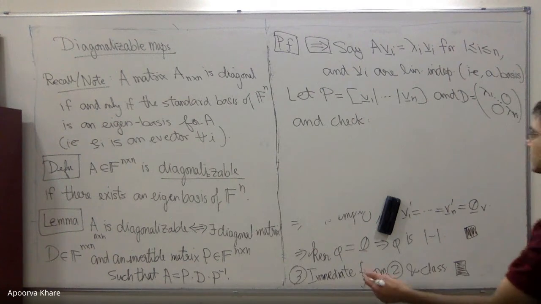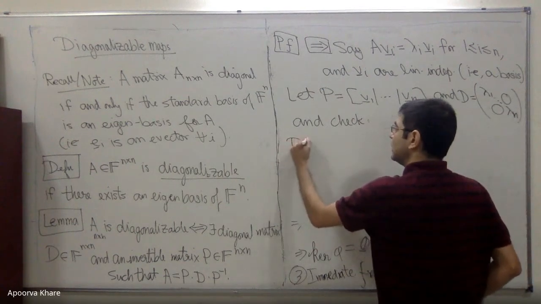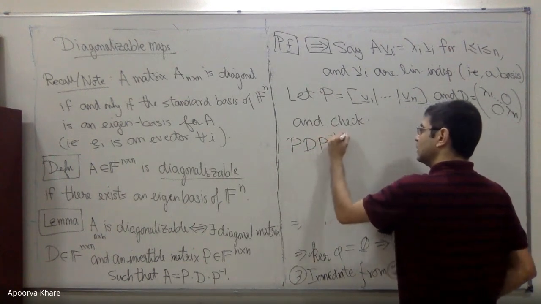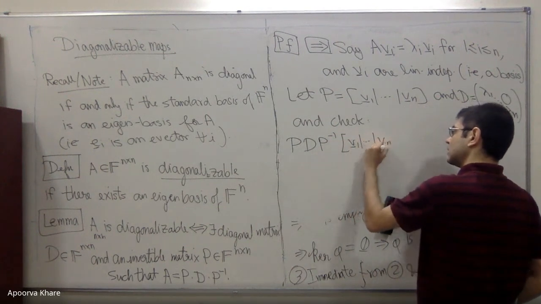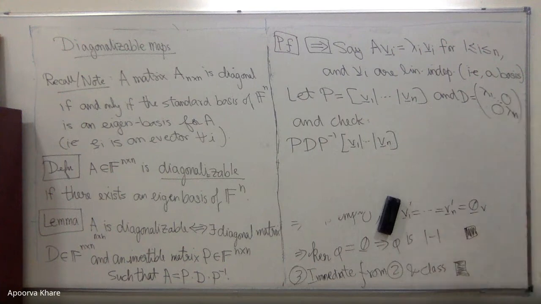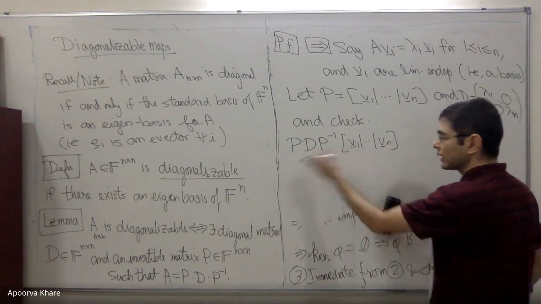What do I want to check? I want to check this. Let's look at P D P inverse of V1 to Vn. Okay? So I'm just going to look at this column by column.